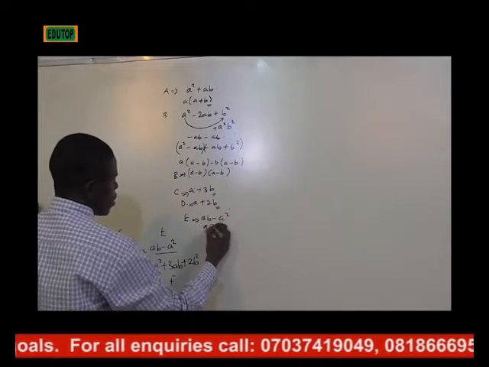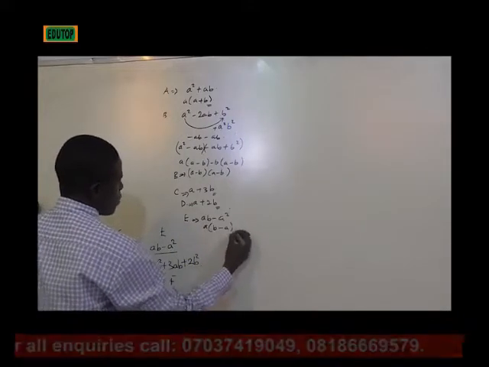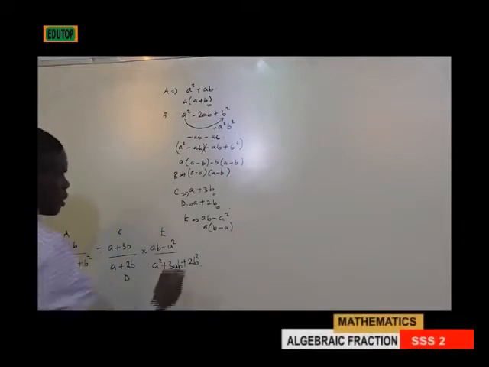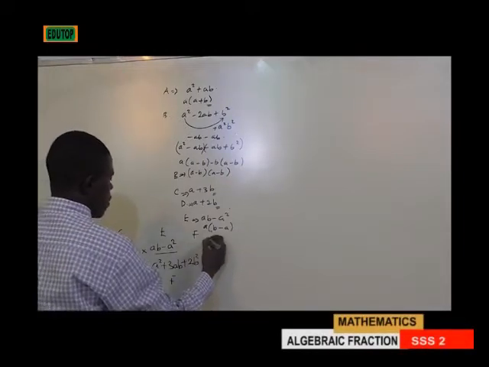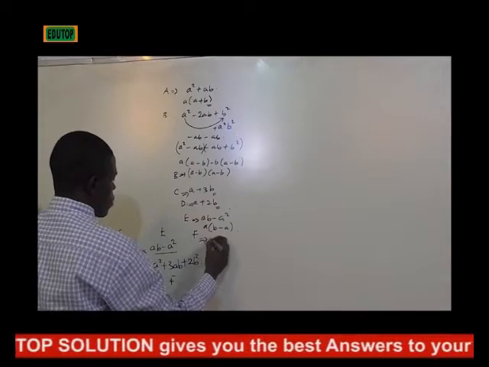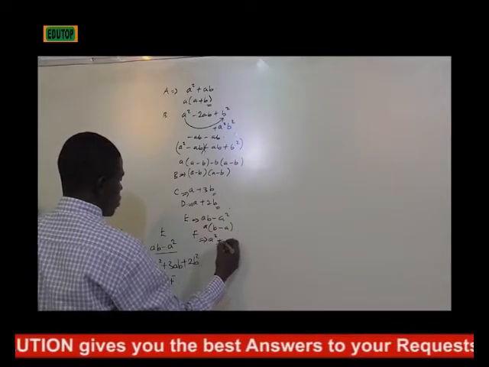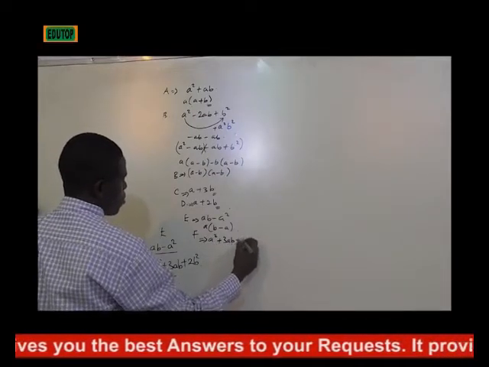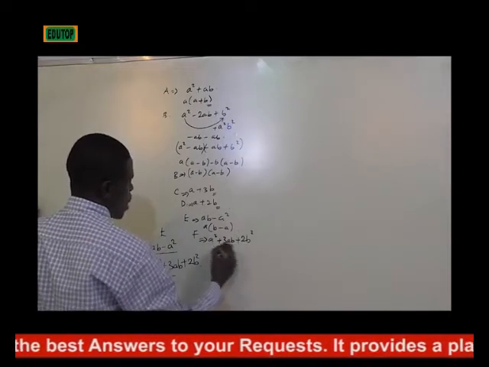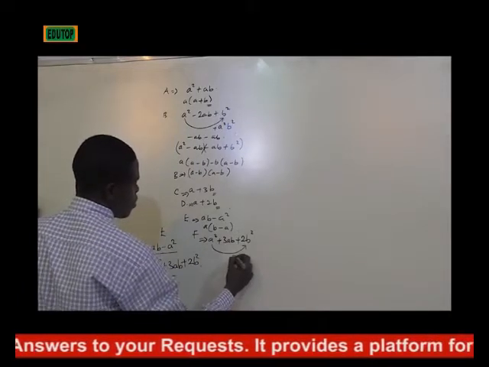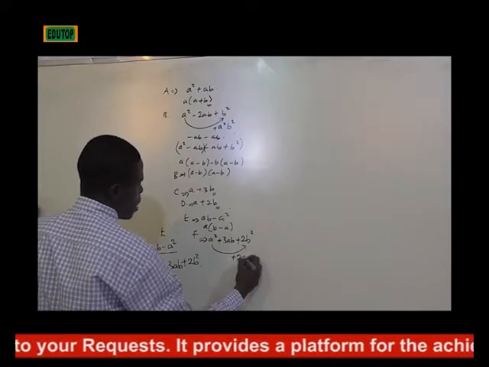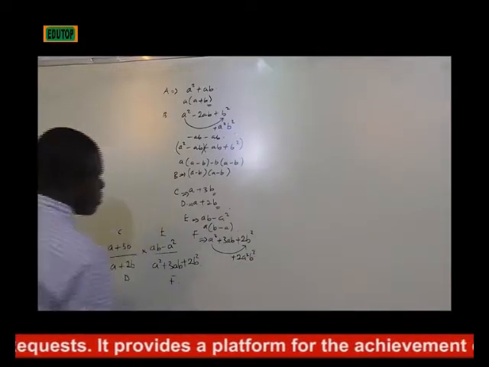What is common here? A: a into b minus a. Then the F case, we have a squared plus 3ab plus 2b squared. So we can also do the same by using this to multiply this. We have plus 2a squared b squared.